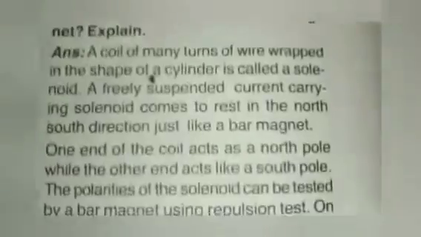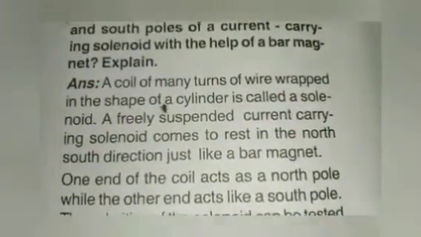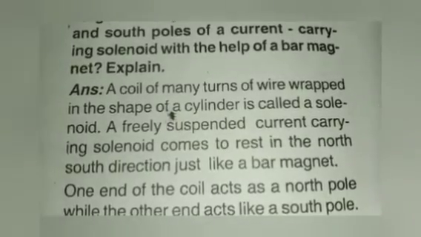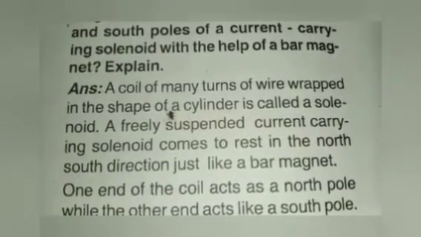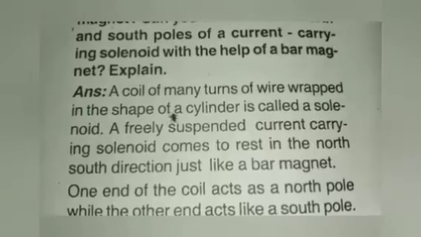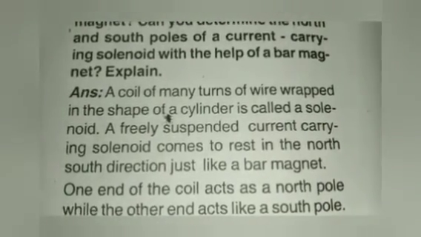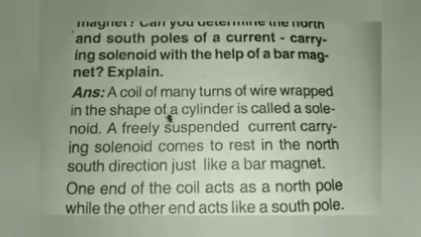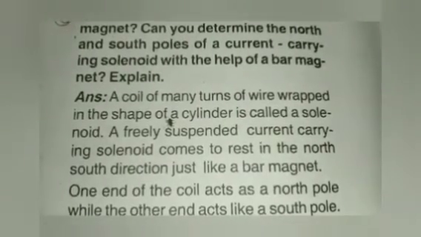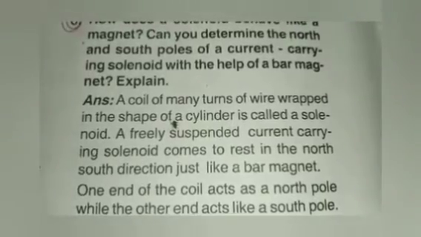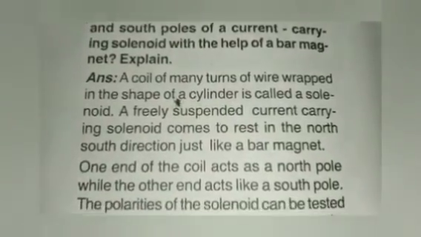Answer. A coil of many turns of wire wrapped in the shape of a cylinder is called a solenoid. A freely suspended current carrying solenoid comes to rest in the north-south direction just like a bar magnet. One end of the coil acts as the north pole while the other end acts like a south pole.